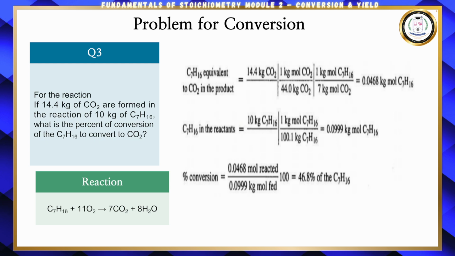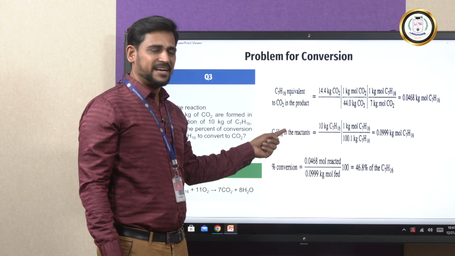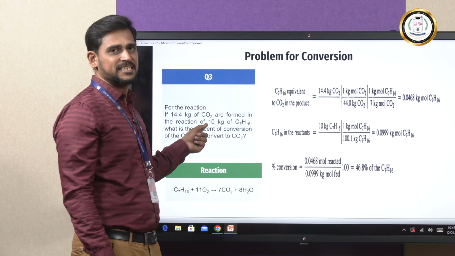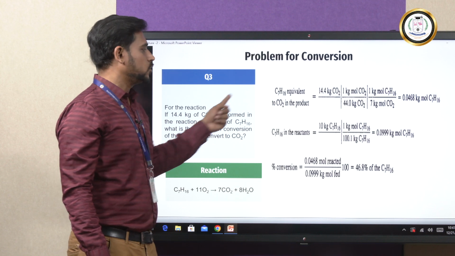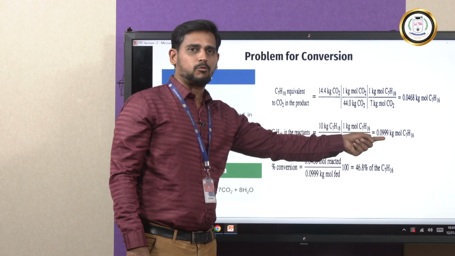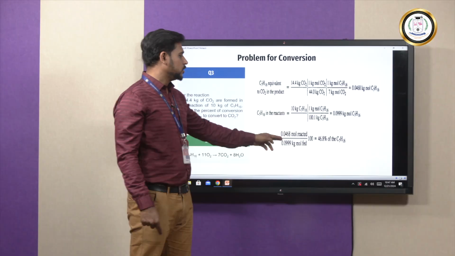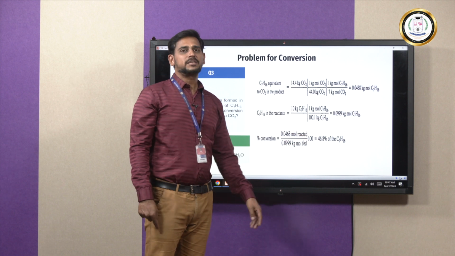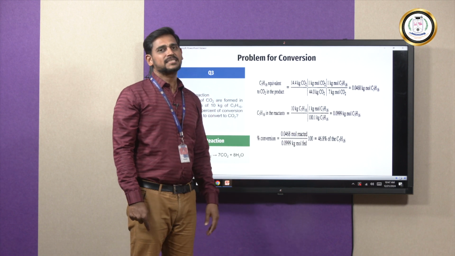The percentage conversion is how much is reacted, that is 0.0468 moles reacted, divided by how much C7H16 is fed. How much C7H16 is fed? 10 kg, so 10 divided by the molecular weight is the quantity of C7H16 fed. Multiplying by 100 gives 46.8% converted.